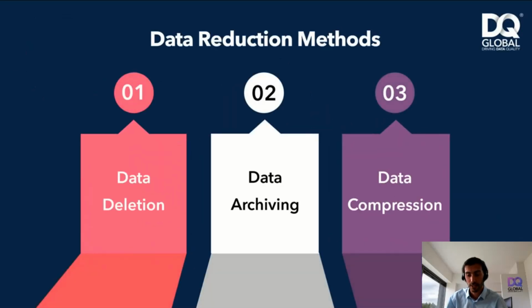The 3 reduction methods that we're going to look at is data deletion. It's fairly straightforward. Now we have our rules defined. Data archiving, a little bit more complicated. It does prove great power in moving data to a cheaper storage method. And then data compression, which has recently come about. And I'll talk about that.